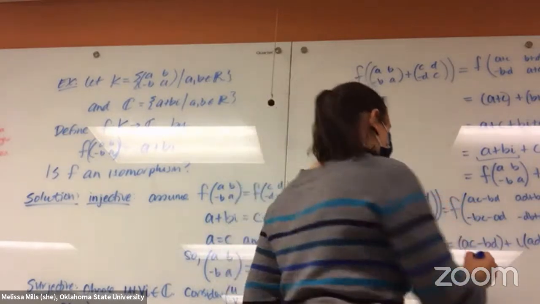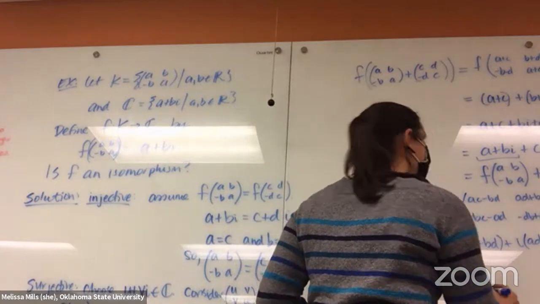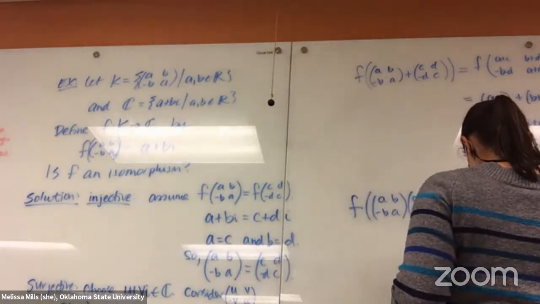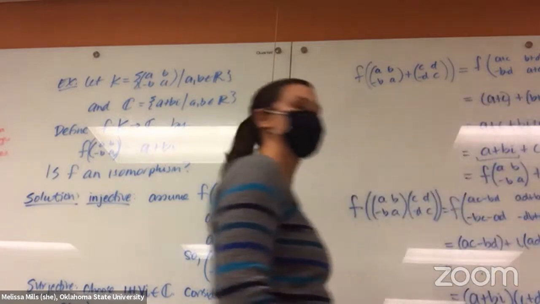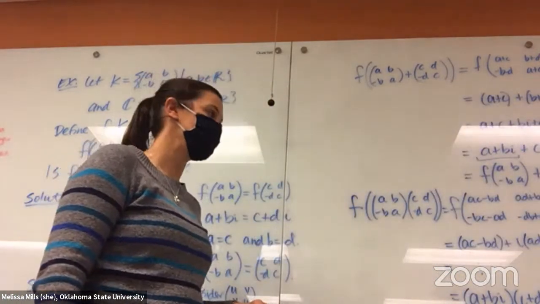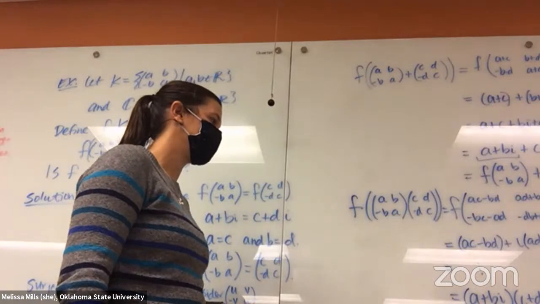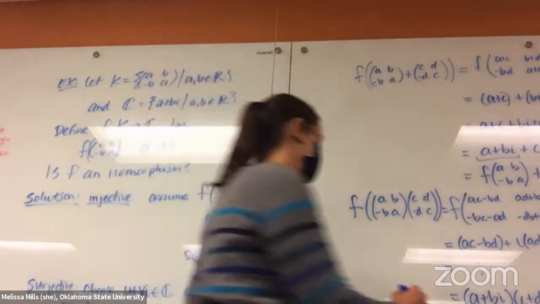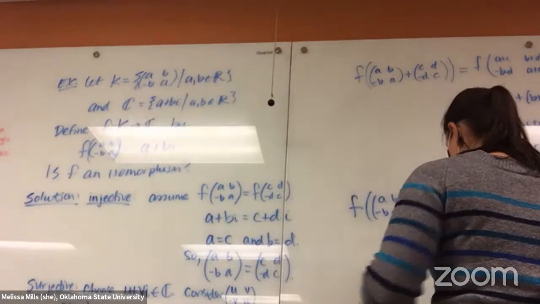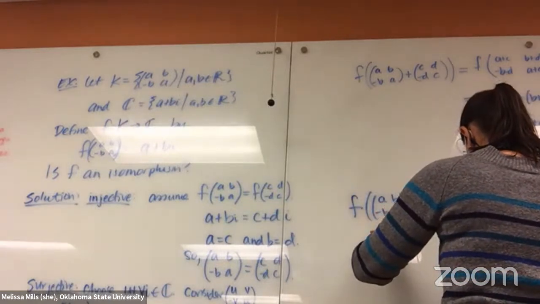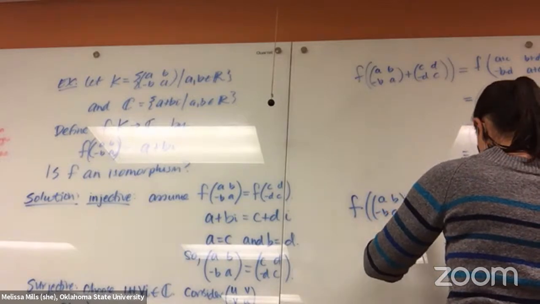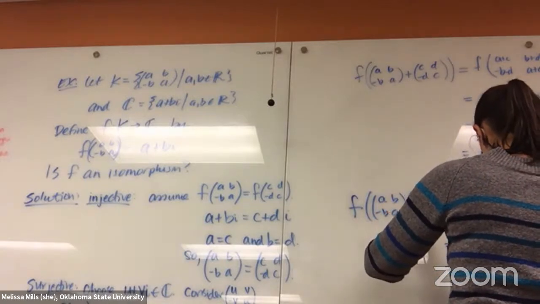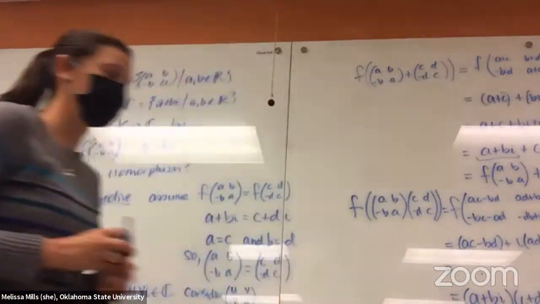So I'm going to do this dot, dot, dot, and then that gives us what we want: A plus BI times C plus DI. That's my scratch work. Okay, and then that's F of this matrix times F of that matrix. So it is in fact an isomorphism.